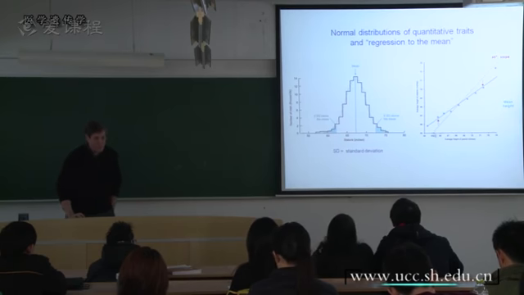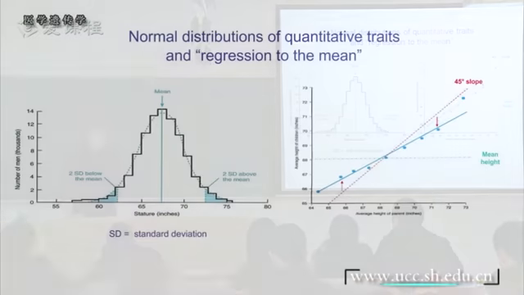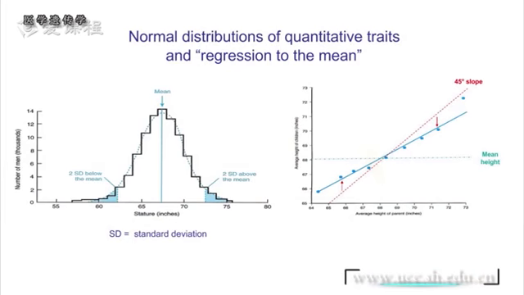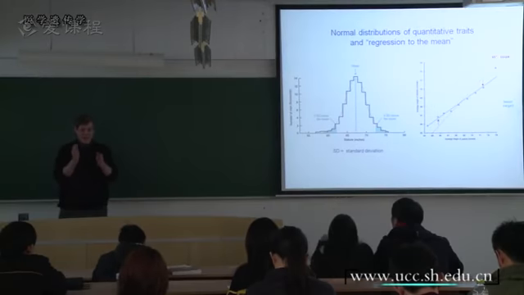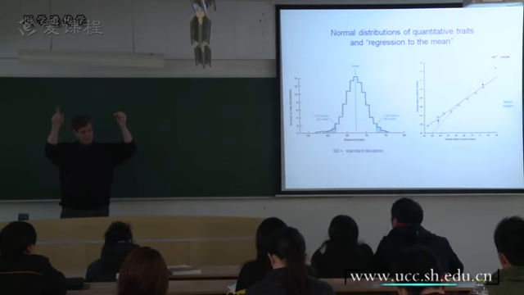A 45-degree angle would correspond to the fact that if you took the average of the parents and then measured the average of their children, if there was nothing unusual going on, you'd find that those averages would match each other. So you get a 45-degree angle line.